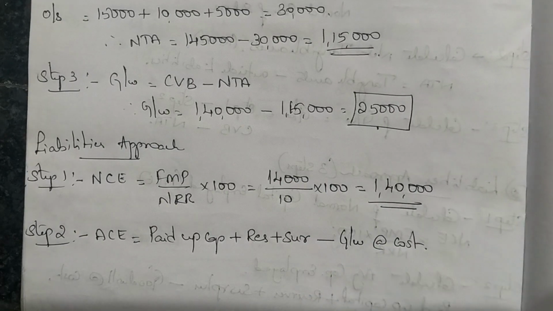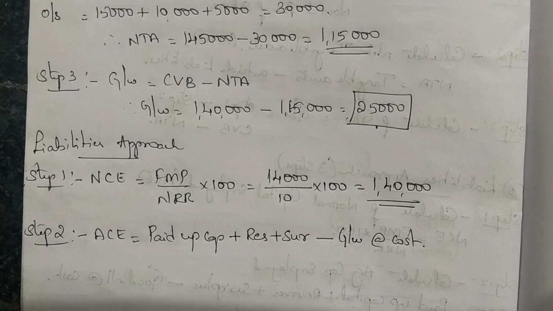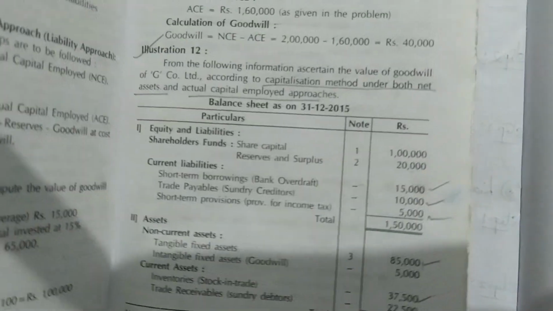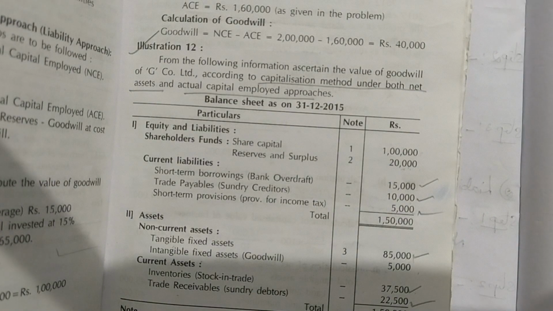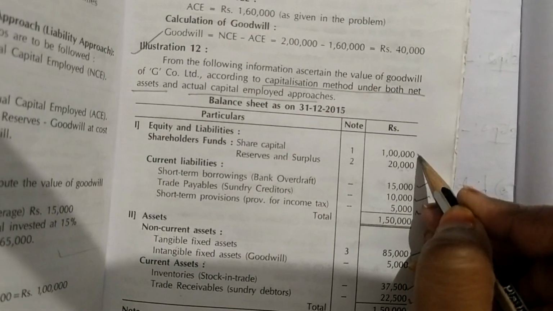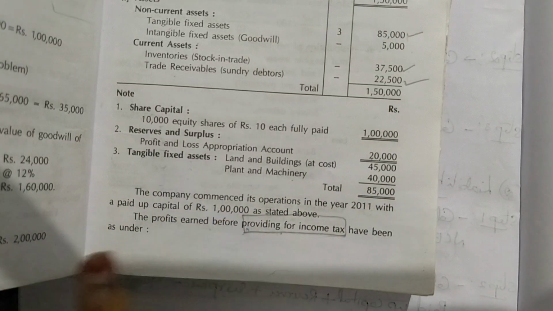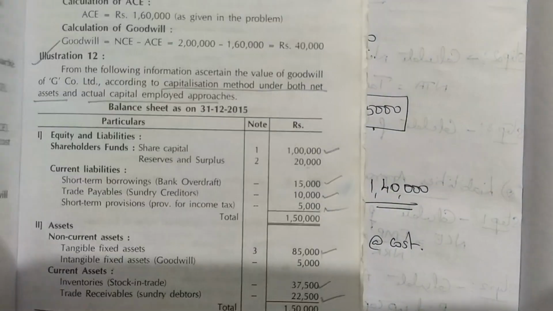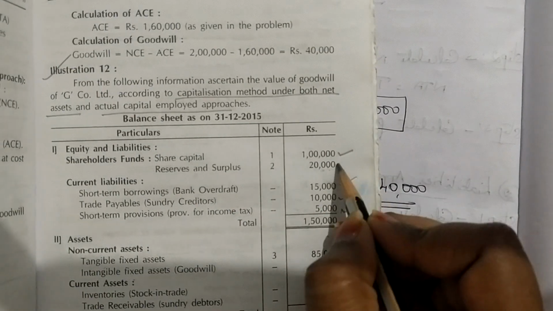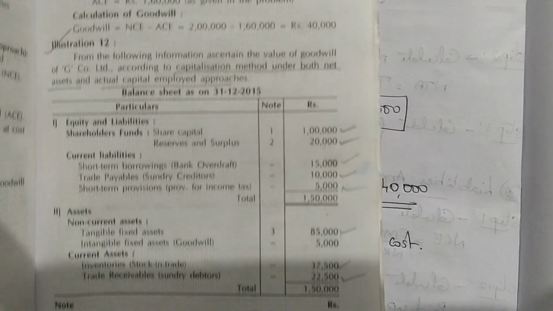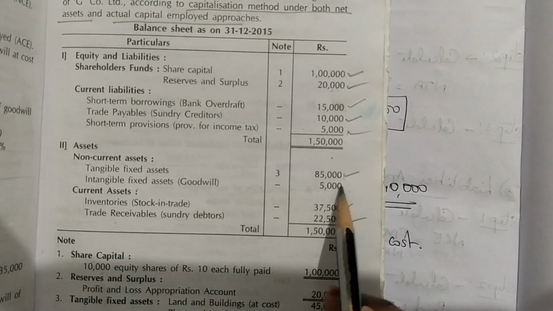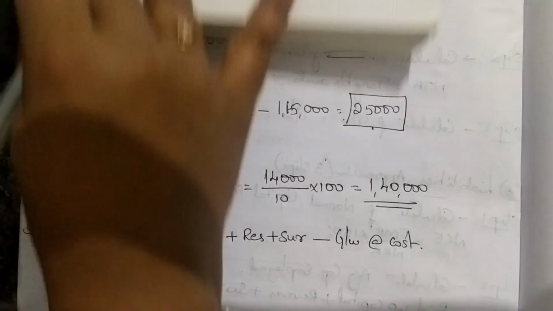Goodwill at cost means goodwill which is already there in the balance sheet. Now this I've already told you. Coming to your liabilities approach, paid up capital is 1 lakh. Here also it is 1 lakh. They've clearly told you paid up capital is 1 lakh. Reserves and surplus both together they have given 20,000. And see if you have a goodwill at cost. Yes, there is a goodwill at cost of 5,000.